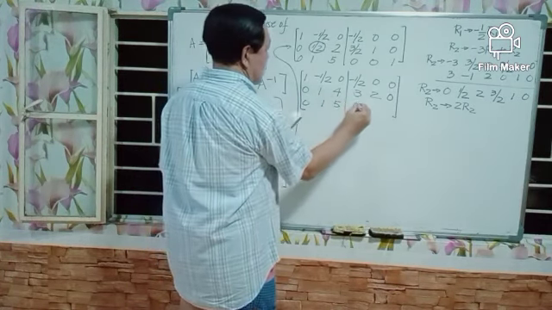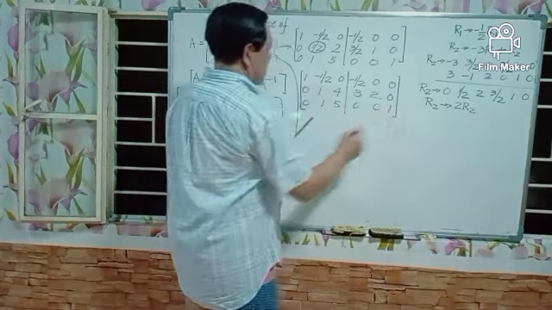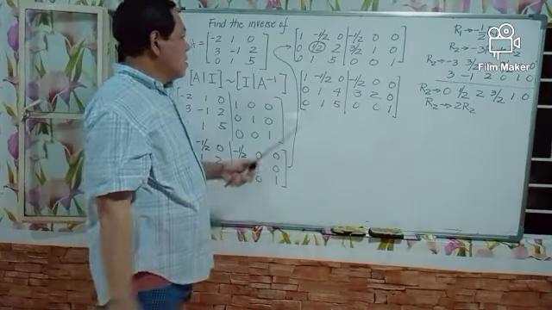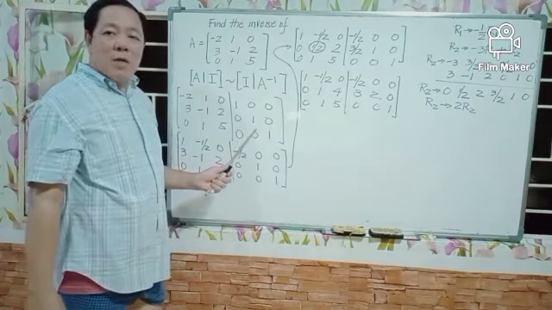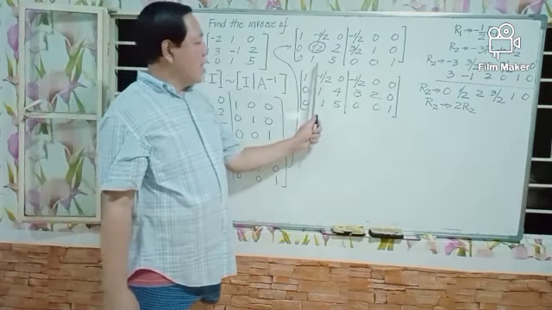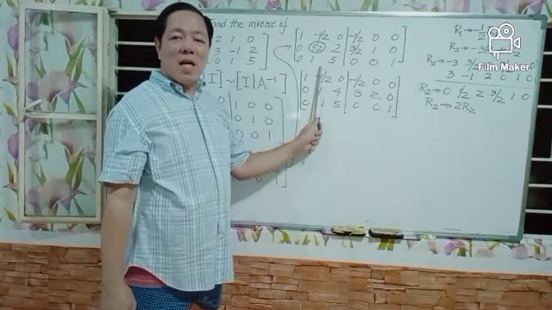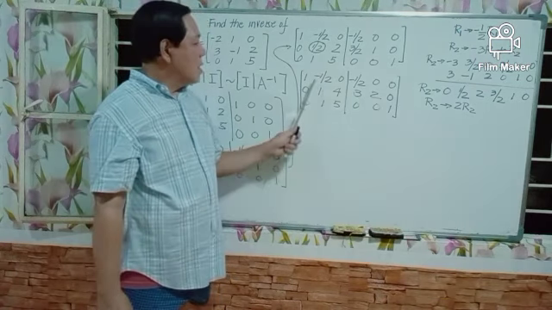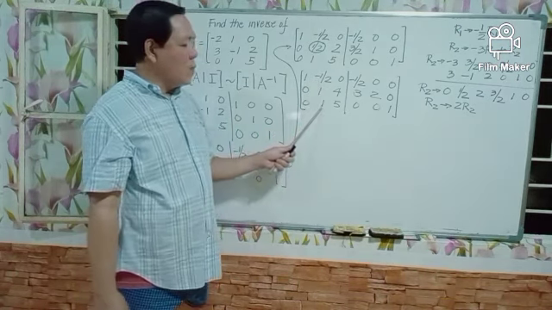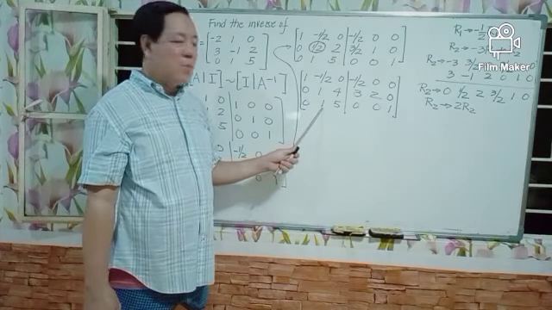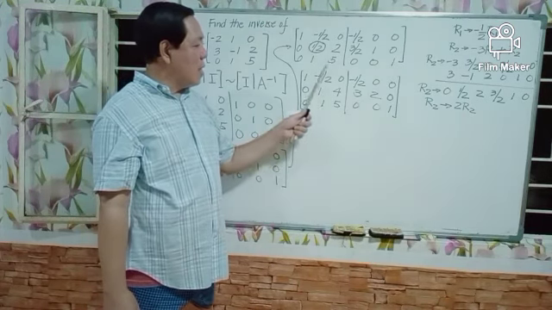So we already have 1 in the second row and second column, and the rest of the entries in the second column must be 0. Negative 1/2 should be changed to 0, and 1 here should be changed to 0. We start with negative 1/2.